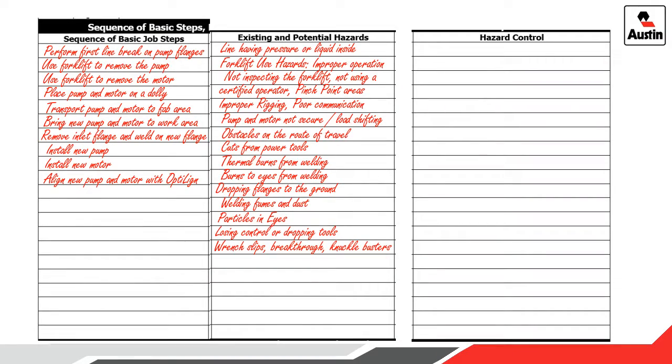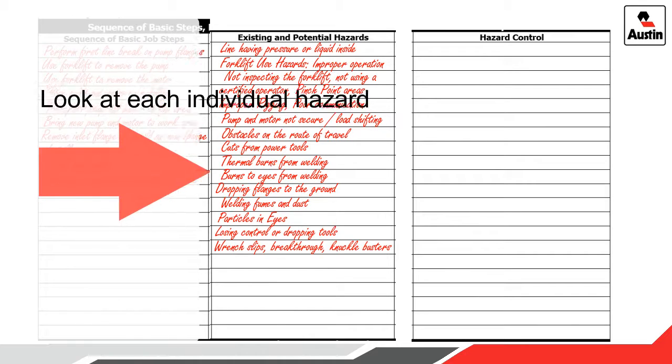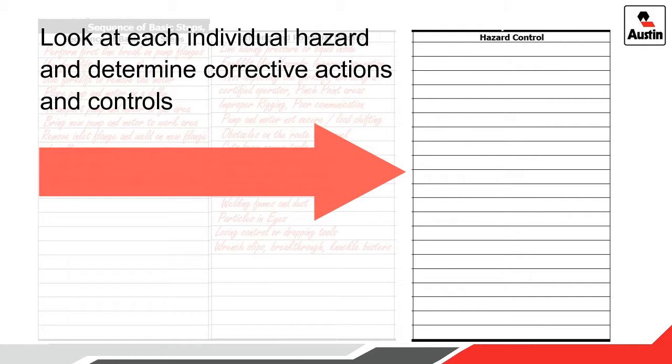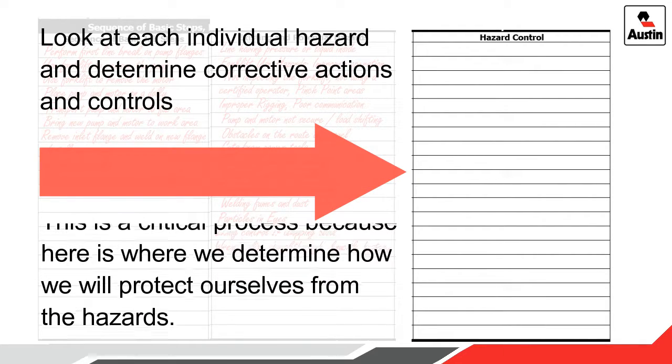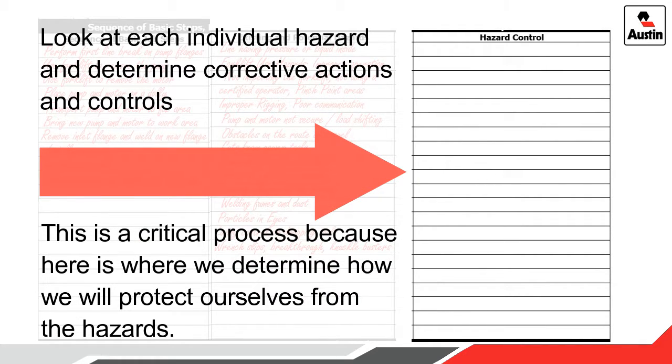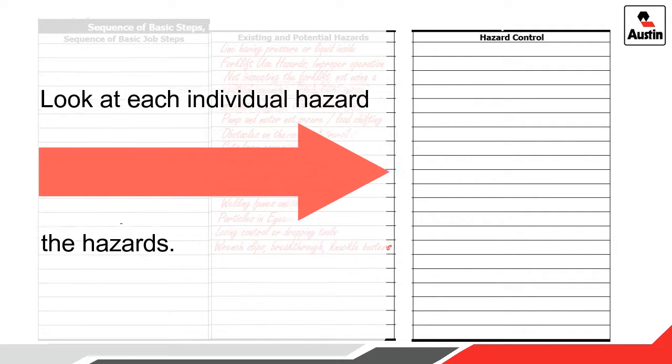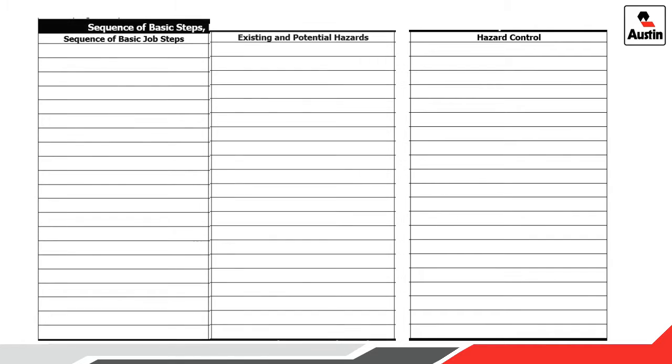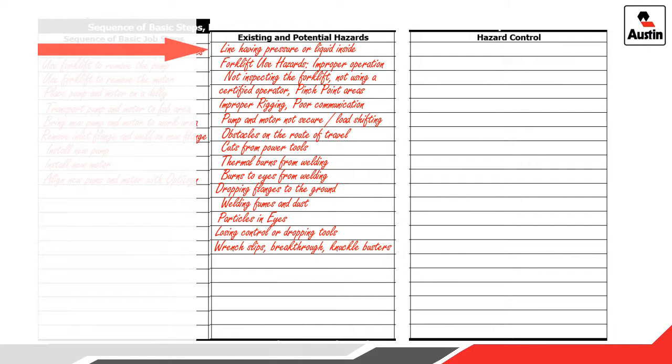To identify the precautions accurately and efficiently, you do the same thing you did on the previous step. You look at each individual hazard that you will face, and you will list what precautions you need to take to control or eliminate the hazard. For example, the first hazard that we identified is having potential for pressure or liquid in the line.